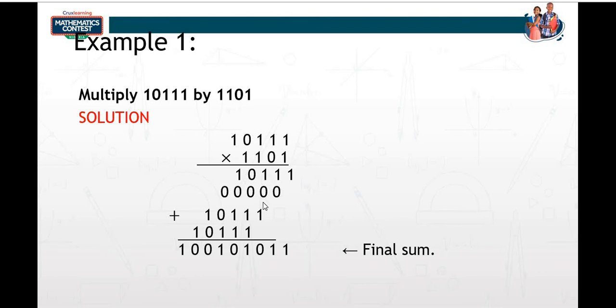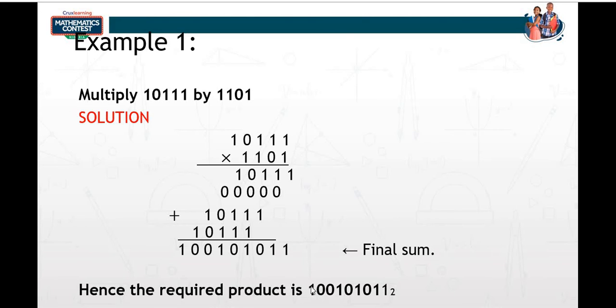The same way, you can add 2 by 2 if you want. Just do it gently, add after multiplication. And you have your final sum. So the answer is 1, 0, 0, 1, 0, 1, 0, 1, 1 base 2. Okay.